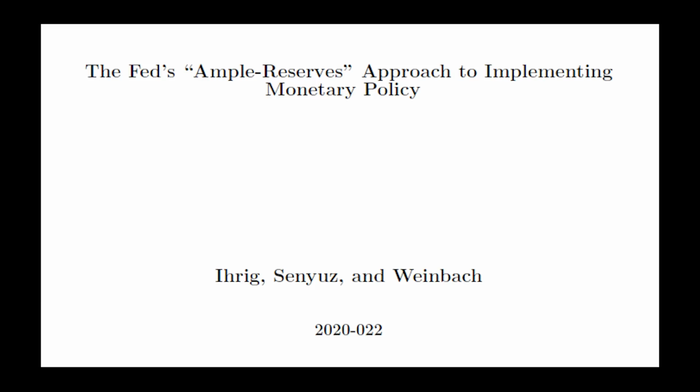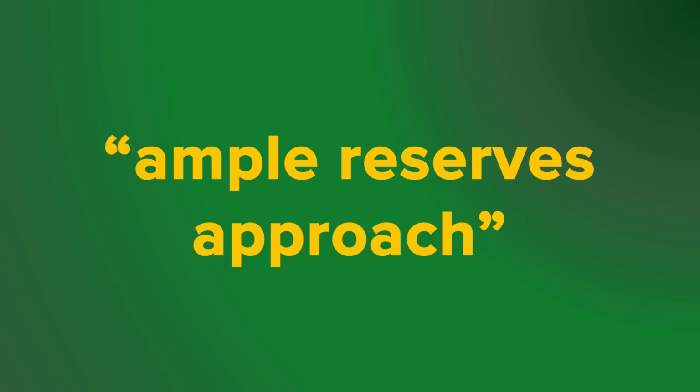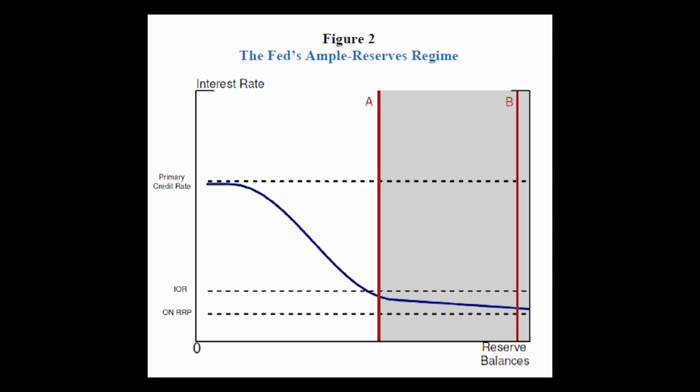In fact, all the Fed's actions are based on one academic paper published by the Fed in February 2020, conveniently 1 month before the pandemic and the start of the next massive wave of quantitative easing. The paper lays out the ample reserves approach. The paper is based on this stylized chart.